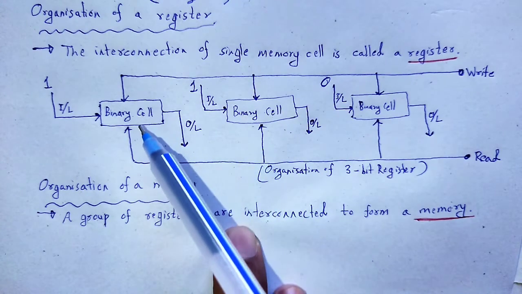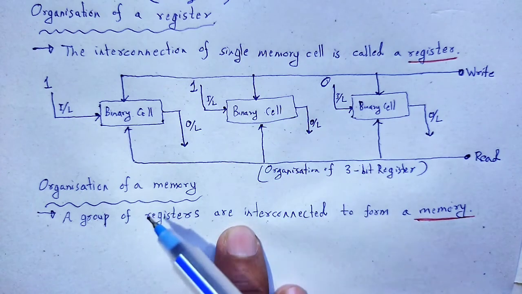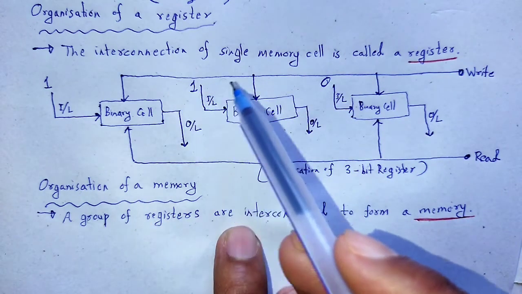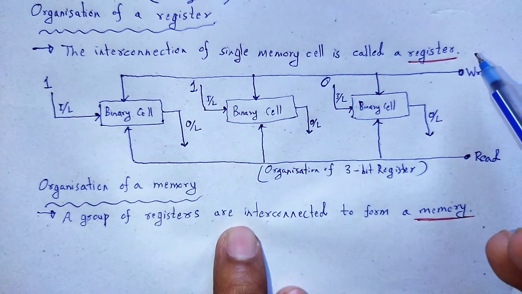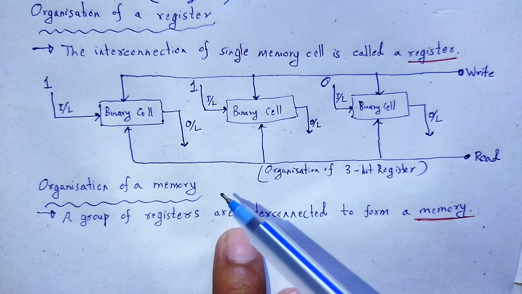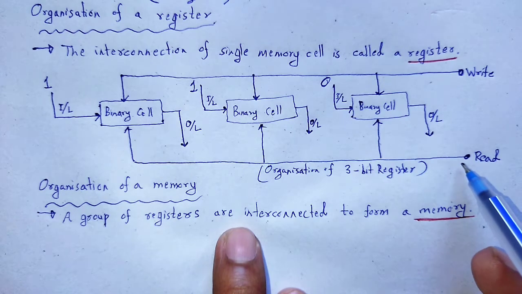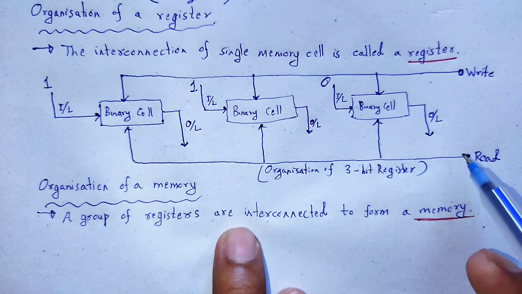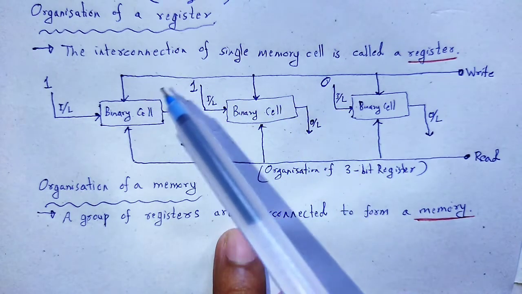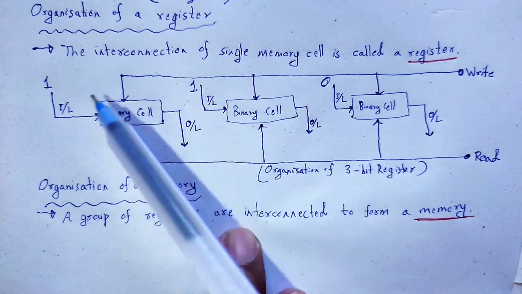The 3 binary cells are interconnected in such a manner that the write control lines of all 3 memory cells are connected together, and the read control lines are also connected together. The bits, or the data, to be written in each memory cell are given at their input data lines.